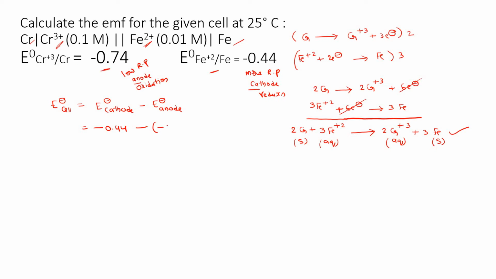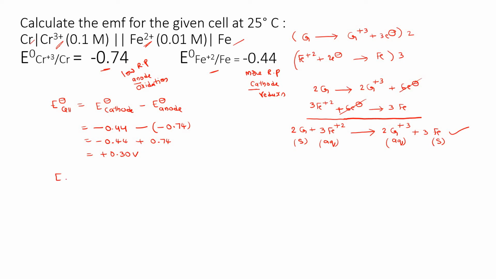That value is minus 0.74 here. Now what do we get? Minus 0.44 minus into minus, plus 0.74. So we are going to get plus 0.30 volts. This is E naught cell, right?